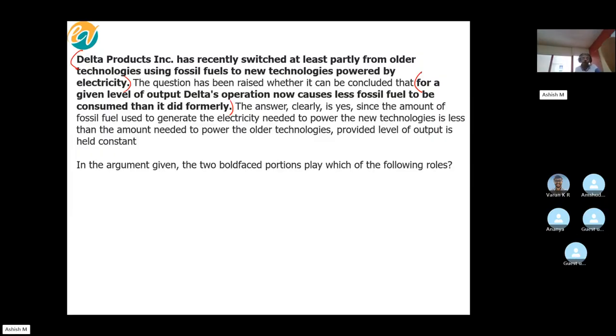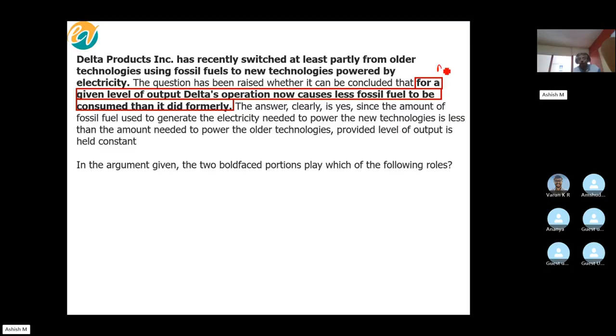Do you agree? That's the main conclusion. Correct? So basically, for a given level of output, Delta's operation now causes less fossil fuel to be consumed than it formerly did. Okay, so let me in fact write it down as MC, which is main conclusion.